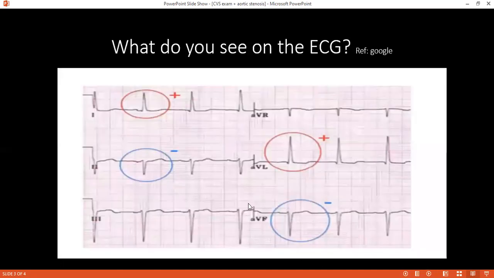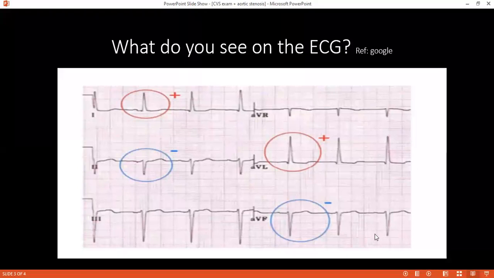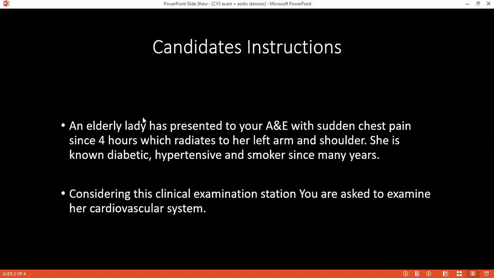ECG. They might give you an ECG and quickly ask you to calculate the RR interval and the heart rate. So you will quickly calculate the RR interval and tell the findings on the ECG. Then on the basis of the ECG, the history you have taken, and the examination you have done, you have to justify your differential diagnosis.